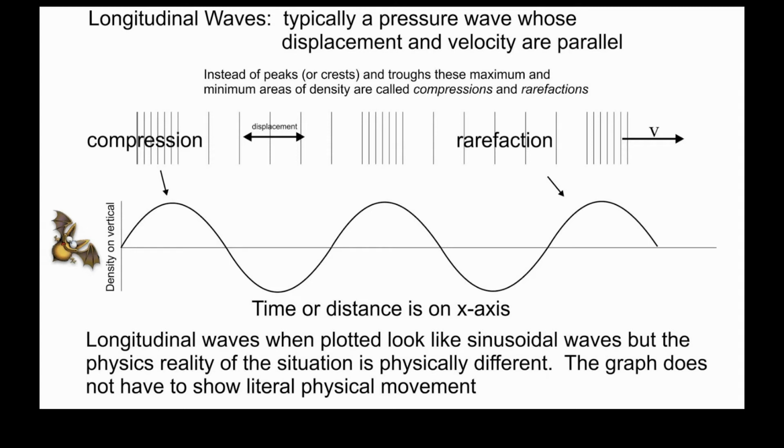What's going to cause you confusion is when we plot these compressions and displacements, and you see this wave appear, but the vertical axis is not displacement, it's density. The wave didn't actually go off in some sort of crazy bouncy up and down like an insane bat.